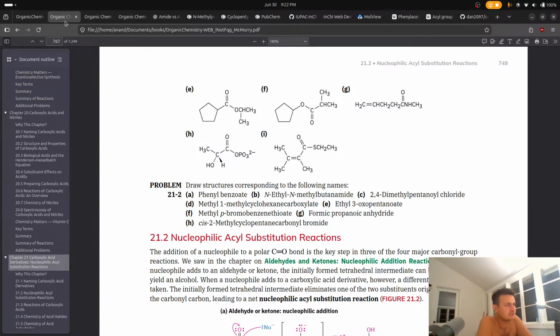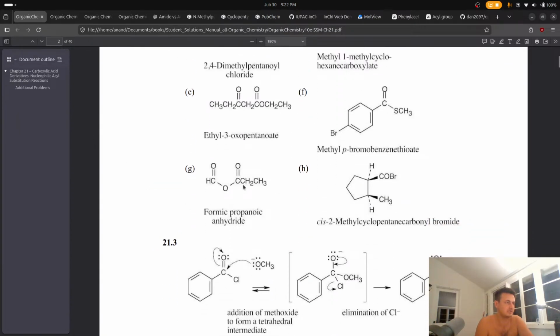Cis-2-methylcyclopentane carbonyl bromide. This is such a niche rule, dude. This is one of those that's just like chop it off, figure something else out. Because I think carbonyl... I don't even remember what that is. What is that rule? Okay, let's see. Okay, this one is obviously right.